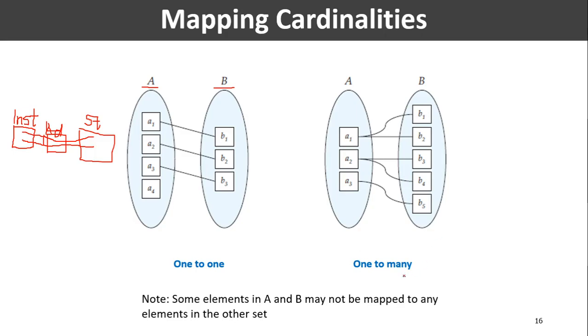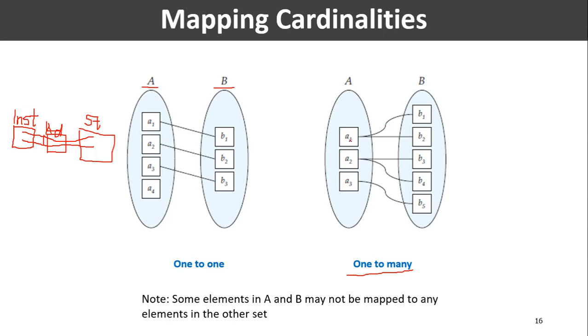So let's proceed with the next kind of cardinality constraint, and that is one-to-many. What do we mean by the one-to-many constraint? Let us first define it. An entity in A is associated with any number of entities in B. I'll repeat.